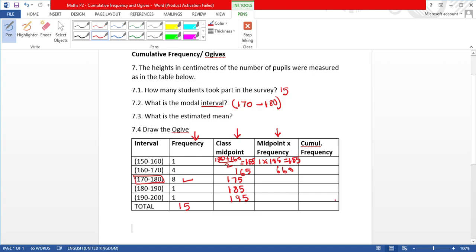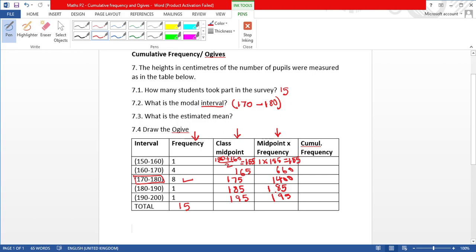And then you're going to have 8 multiplied by 175, it's going to give us 1400. And then here 1 times 185 is going to give us 185. 1 times 195 is 195.